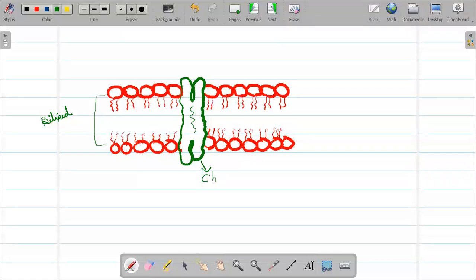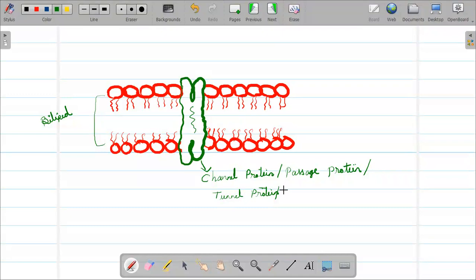channel protein or passage protein or tunnel protein. A lot of names are there for the same protein, okay?